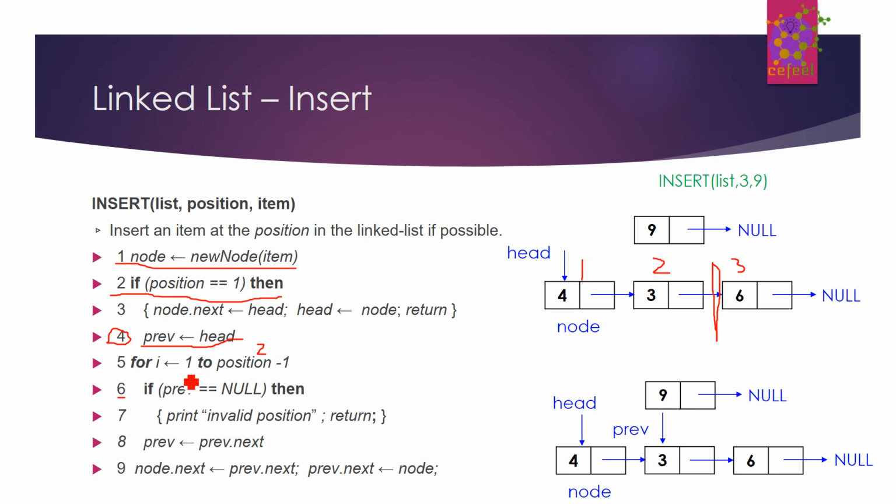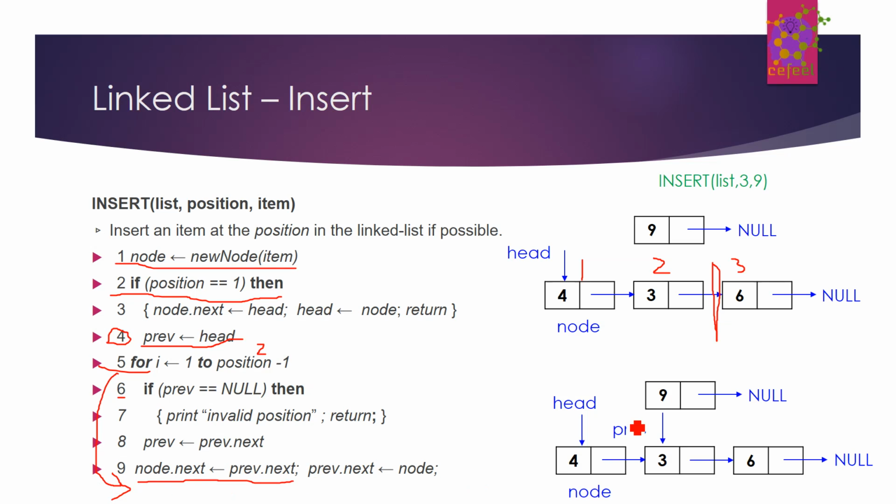So we have already reached 2, so the for loop will not be executed anymore, and we will then go to step 9. Essentially, because the value was 2, we moved the previous pointer once, which means previous pointer now points to 3, and then we execute the final step, which is node dot next equals previous dot next.